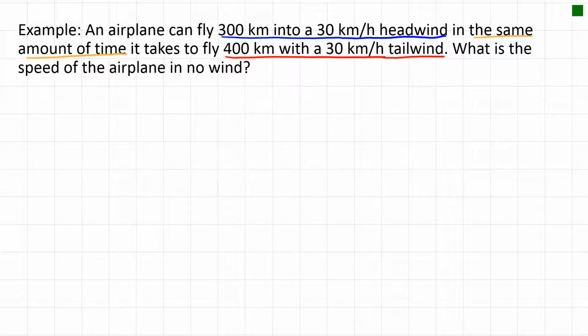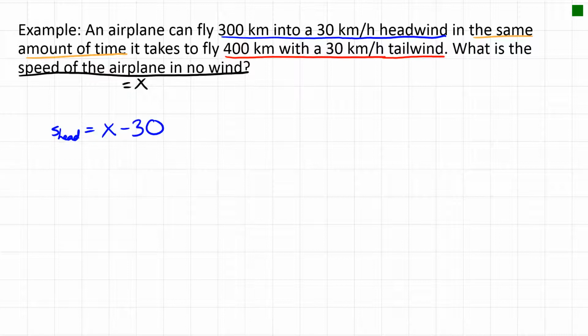It's always really important in these problems to identify what you're trying to find. The speed of the airplane in no wind, I'm going to call that x. That's our unknown, what we want to solve for. So what we know is that the speed of the airplane going into the headwind, I'll call that s with a little subscript head, that speed is x, which we don't know, minus 30 kilometers per hour.